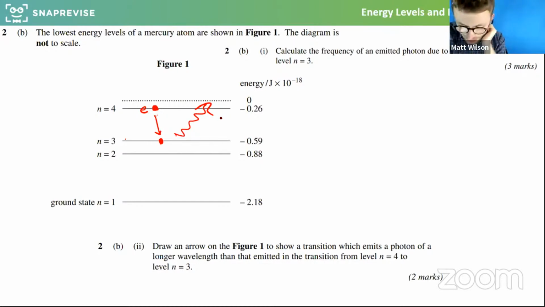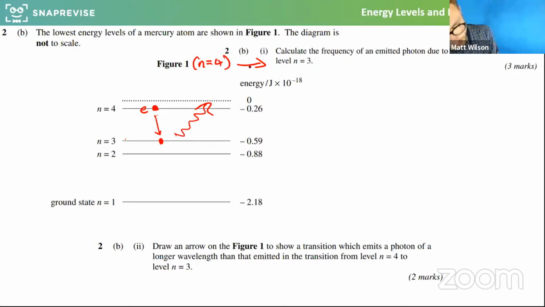Oh, the box on my face is blocking the question. Okay, yeah. One sec, let me see. Oh, yeah. So it's a transition from n equals 4 to n equals 3. Good, absolutely right. So we need to find the energy gap.